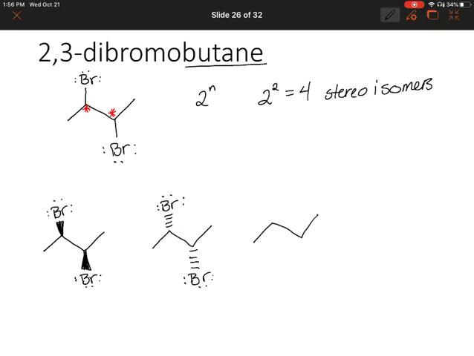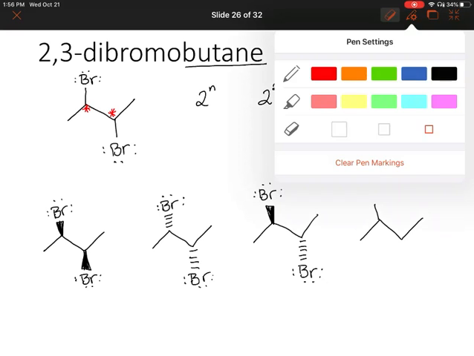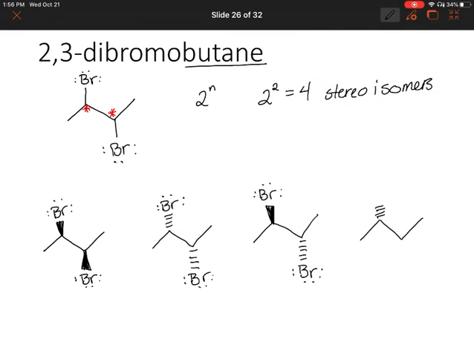In the third structure, one will be in a wedge, one will be in a dash. And in the fourth structure, it's the opposite. So the first bromine will be in a dash, the second bromine will be in a wedge.